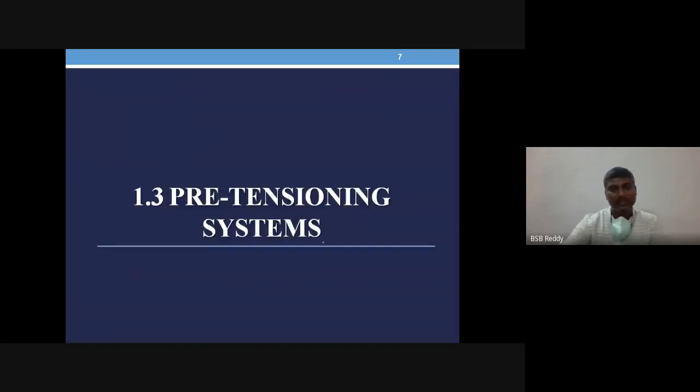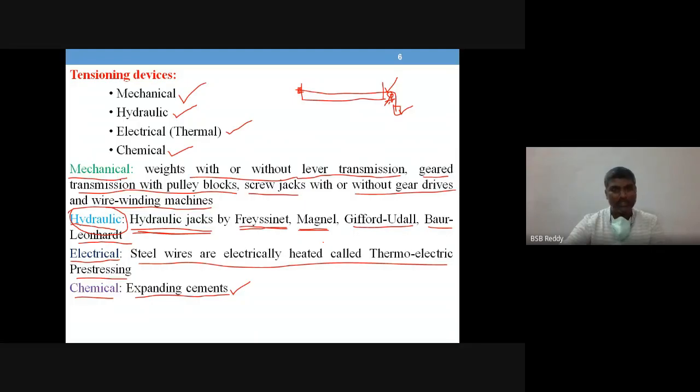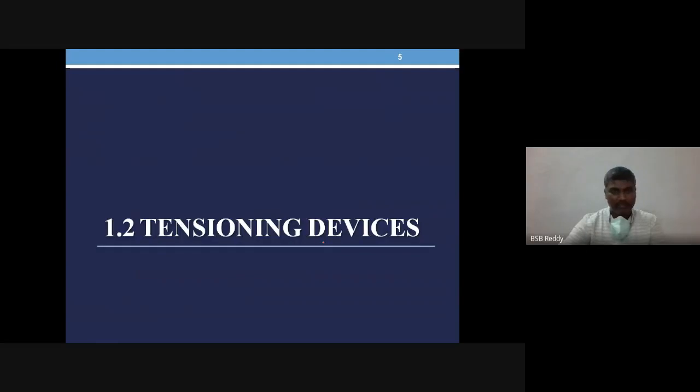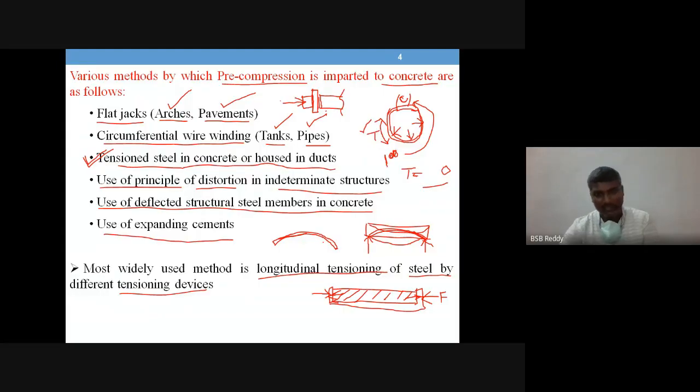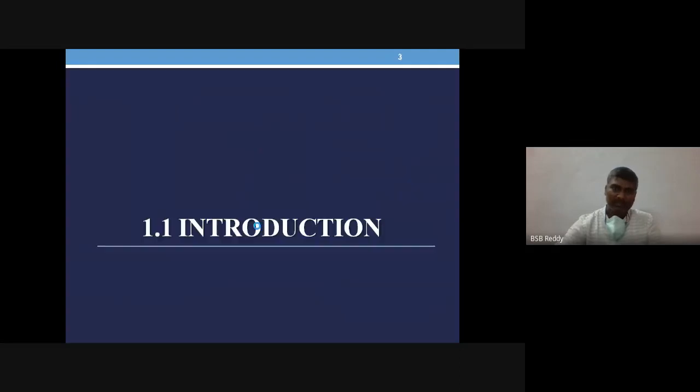So that's about the tensioning devices and the various methods. Not only tensioning the steel, what are the other techniques that we have to impart compression?